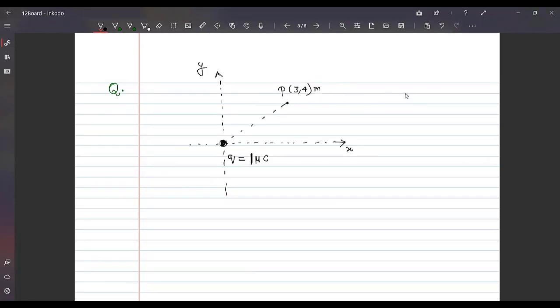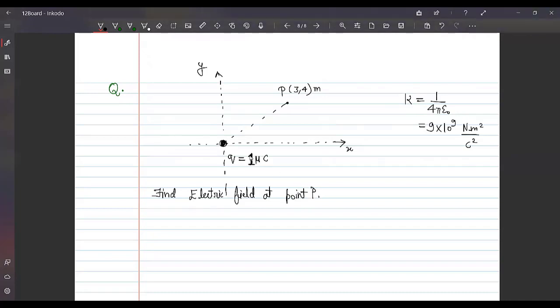You can take the value of K, that is 1 by 4 pi epsilon naught, as 9 into 10 raised to 9 Newton meter square per Coulomb square. The question is: find the electric field at point P. Micro is 10 to the power minus 6. Let us take a 2 microcoulomb charge placed here. Find the value of the electric field at point P.